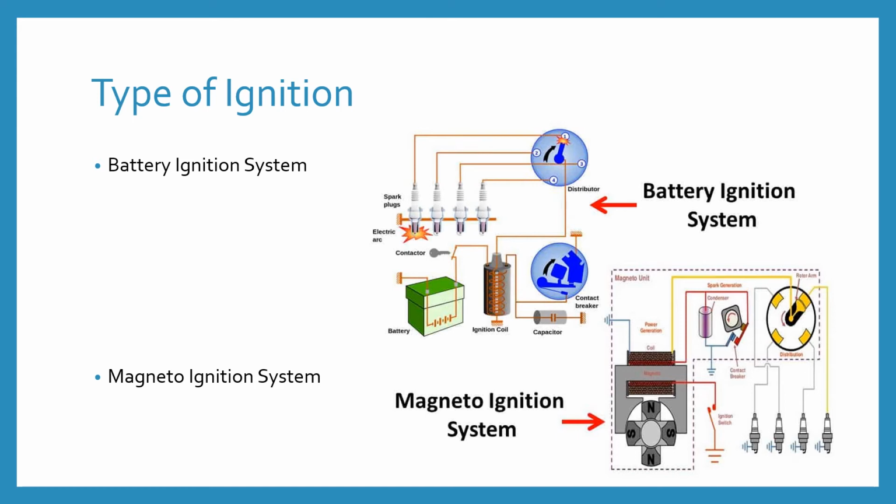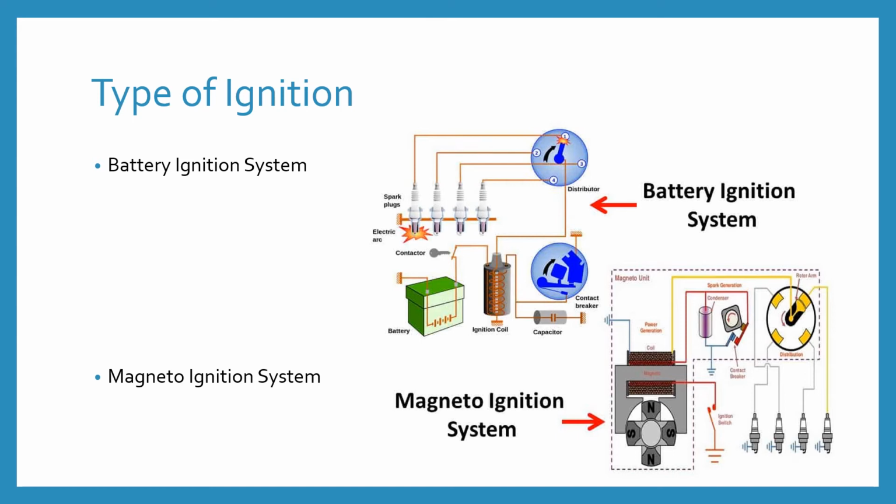A high voltage spark is made to jump across the spark plug electrode in order to produce the required high voltage.